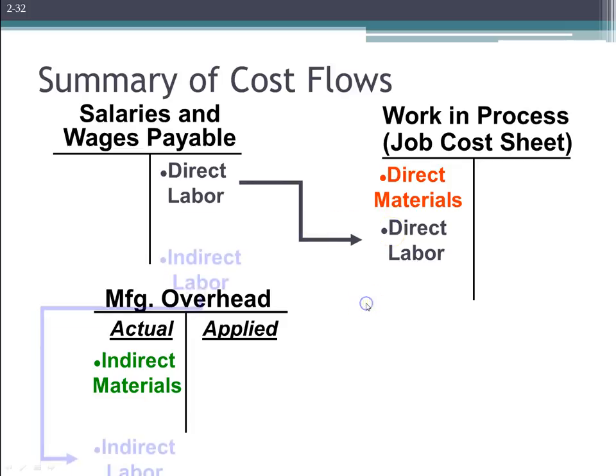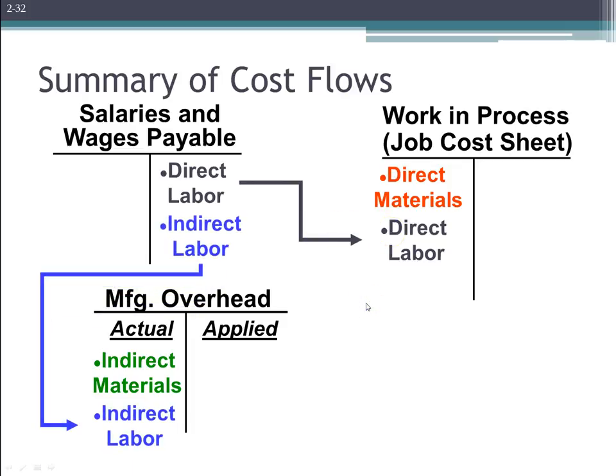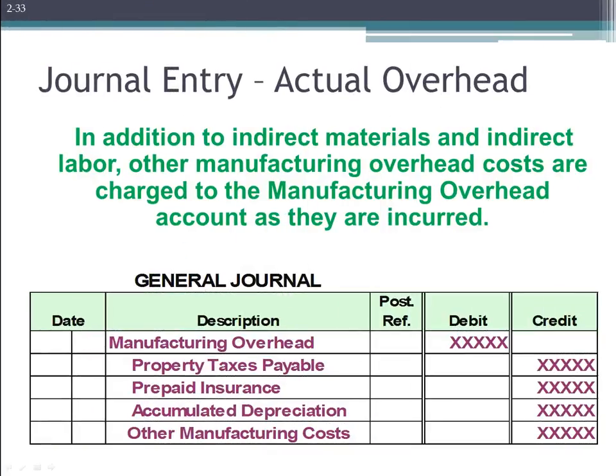And the labor cost that we cannot directly trace to units of production goes right into manufacturing overhead. Notice that all we're doing is accumulating a lot of costs in manufacturing overhead, and they will eventually be applied to the work in process account in just a bit. Not yet. Right now, we'll just accumulate them there.